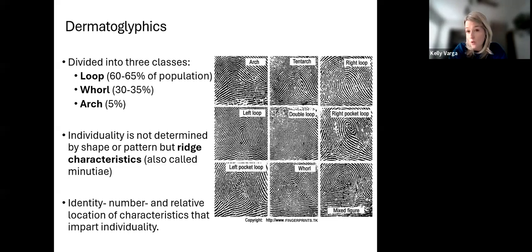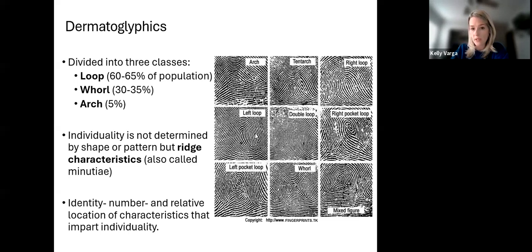If I was to ask you a question based around the population distribution, what we tend to see from the book is that 60 to 65% of the population have this sort of looping pattern, 30 to 35% are going to have these whorls, and very few have what's called an arch, which is a one-way in and a one-way out.